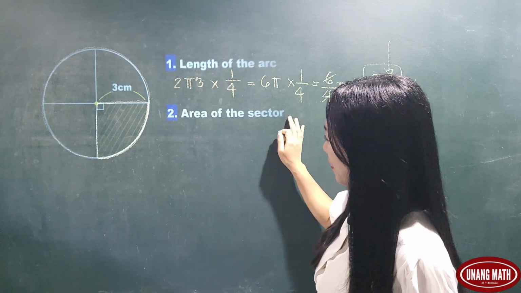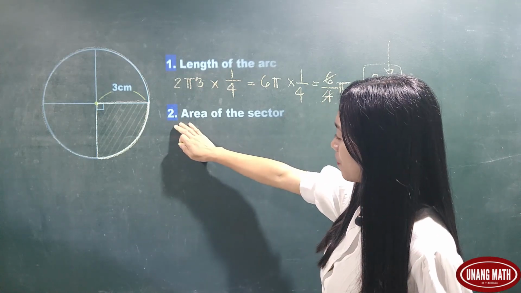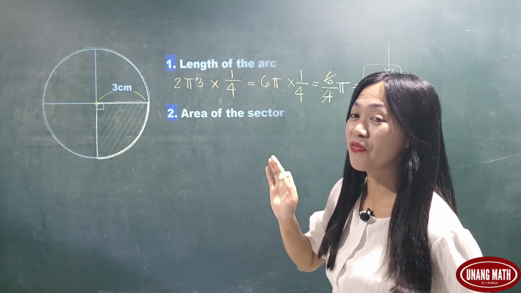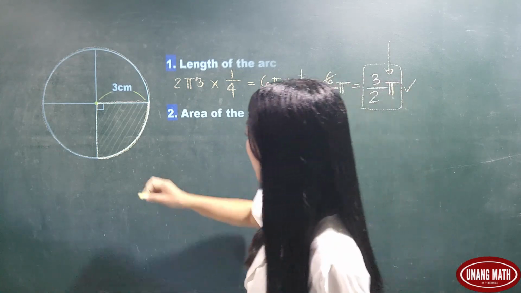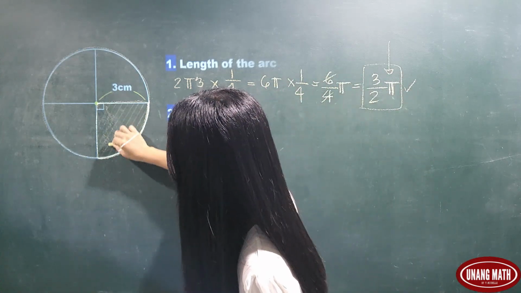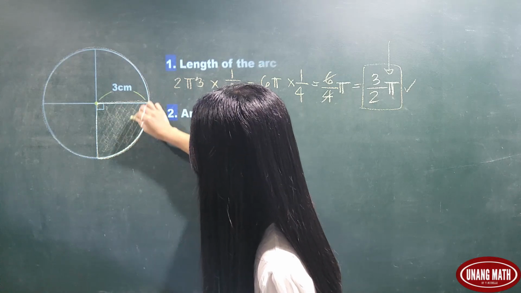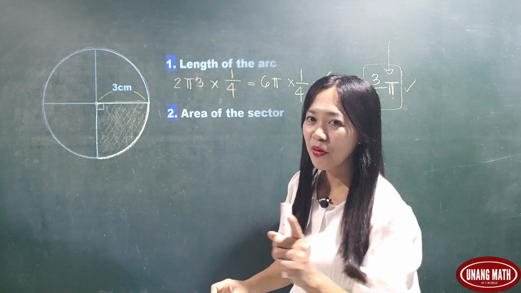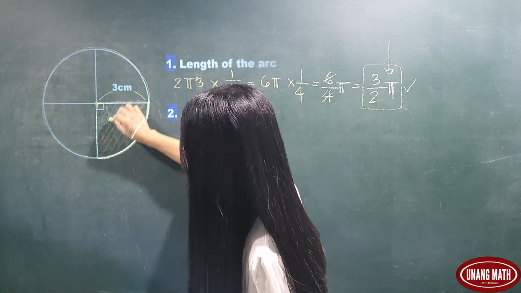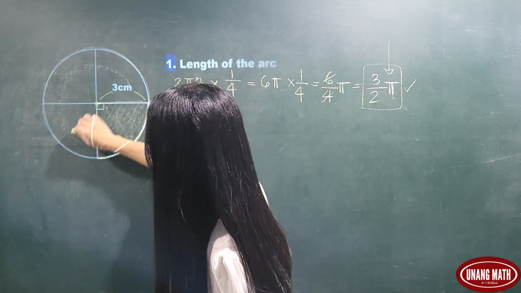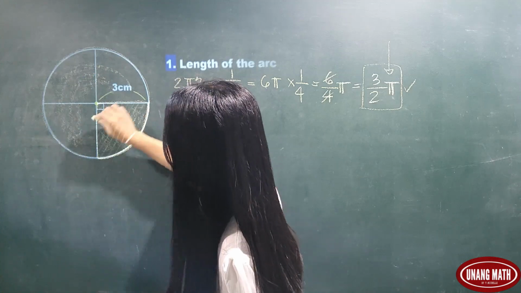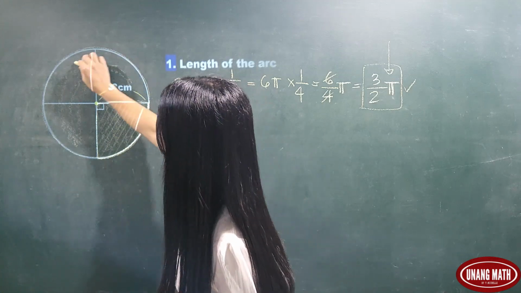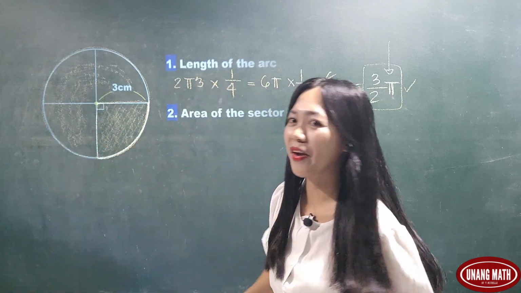Now let's go to the second one. This time, we will find the area of the sector, specifically this part of the circle. We will find the area of this sector. Take note, the area of this sector is part of this whole area.